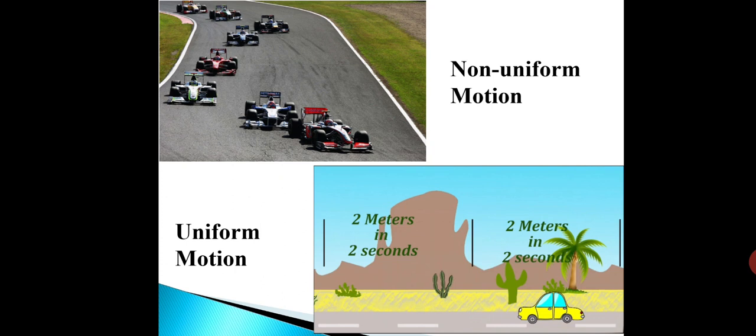And then fast and slow is also there. But these fast and slow are there because of some reasons, and that is what we consider under the category of motion, that is uniform and non-uniform. So basically motion is divided into uniform and non-uniform.